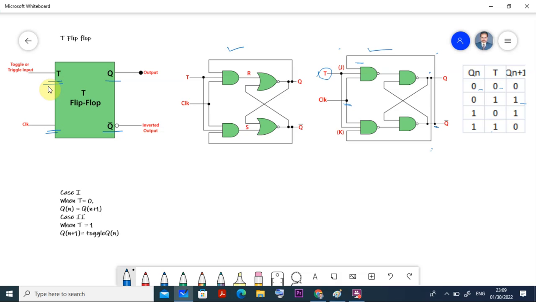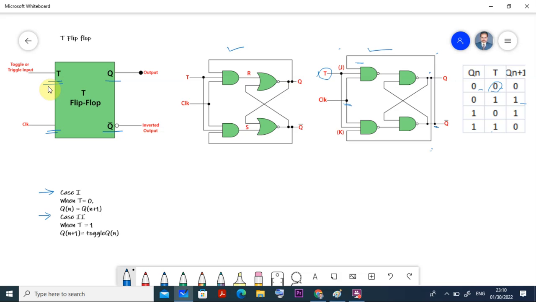Then what we find, if you look at all these cases, is that I have two cases with me. This is case 1, and the second one is case 2. What is case 1? In case 1, when T is equal to 0, Qn plus 1 is equal to Qn.